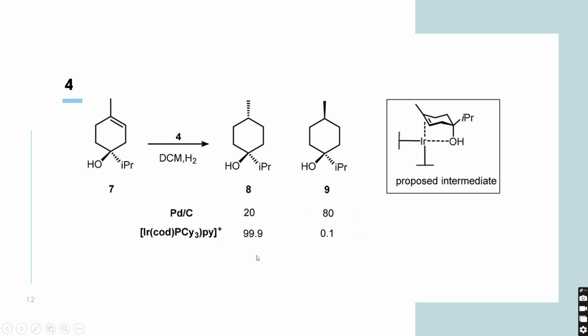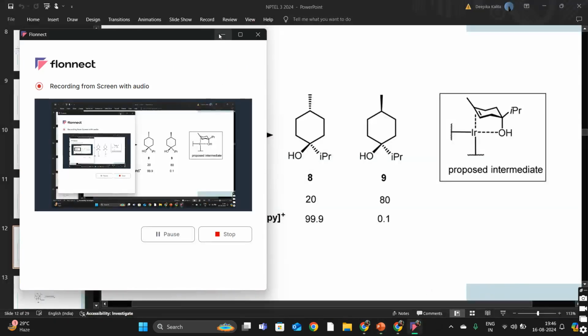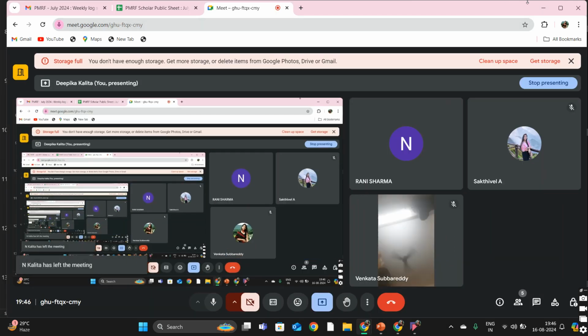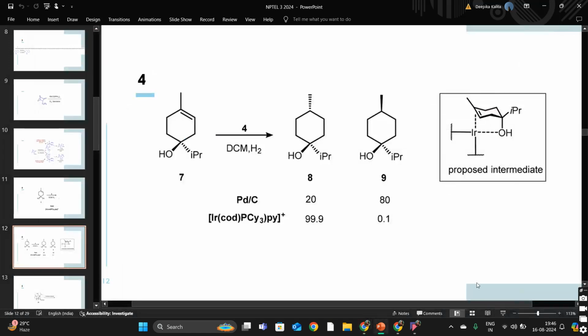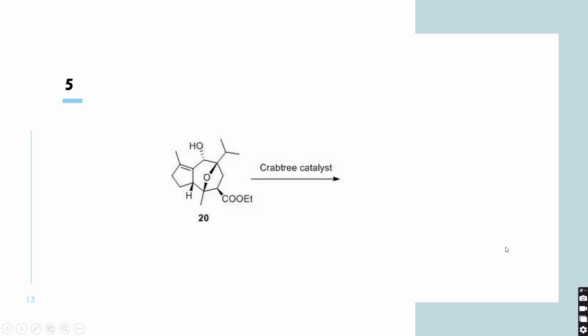So this is why this kind of selectivity is observed in case of palladium carbon and Crabtree catalyst. I hope you understood selectivity, which is coming from the binding affinities of the substrates. Okay, let us move to the next question.